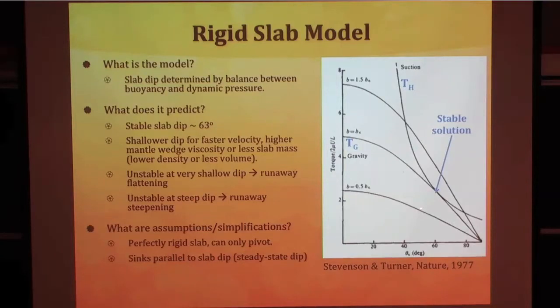What they found is that there is a solution where the two are equal, and one solution is stable here, whereas this solution and this solution over here are unstable. The stable solution predicts an average slab dip of about 63 degrees.